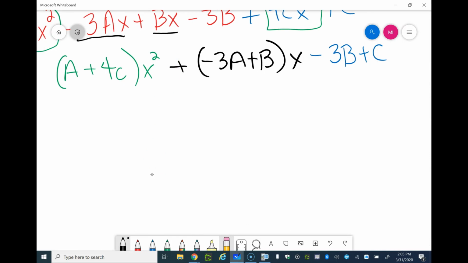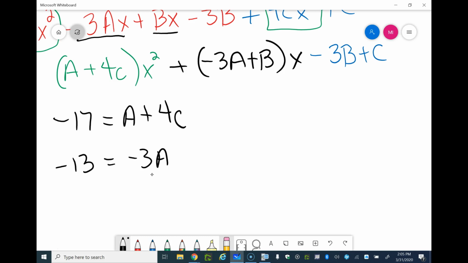So I'm going to have negative 17 is equal to a plus 4c. The other equation is going to be negative 13 is equal to negative 3a plus b. And the last one is going to be 7 is equal to negative 3b plus c.